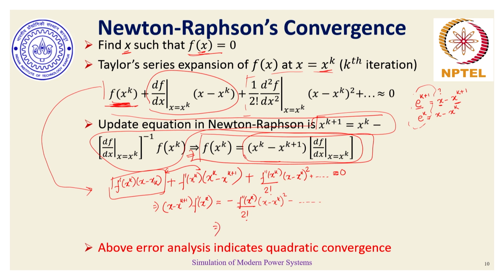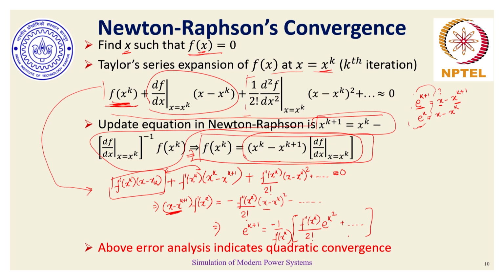Having defined my error terms, if I put them in, what I get is e(k+1) equal to 1 by f prime xk multiplied by minus f double prime xk by 2 factorial into ek square followed by other terms.